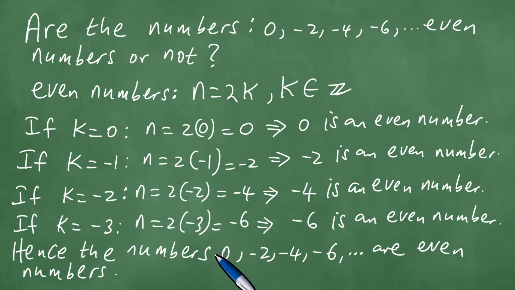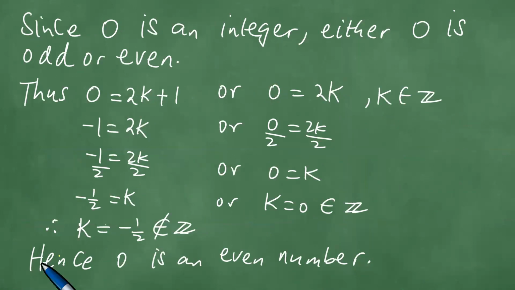Right. And so we have solved these particular questions in detail. We have shown that the numbers 0, -2, -4, -6, and so on are even numbers. And we have also shown that 0 itself is actually an even number.